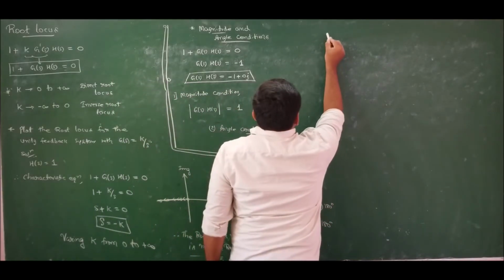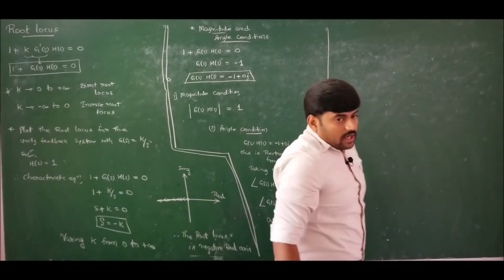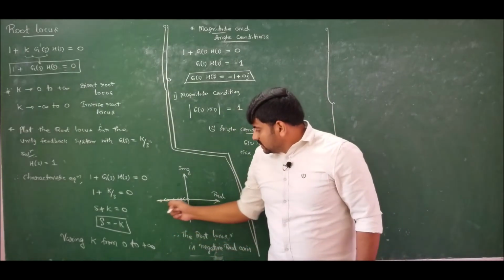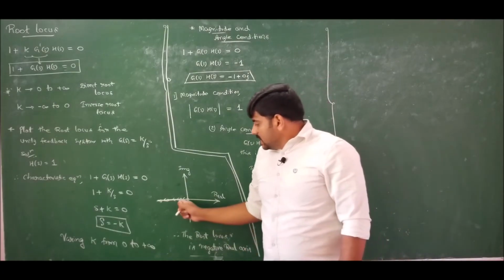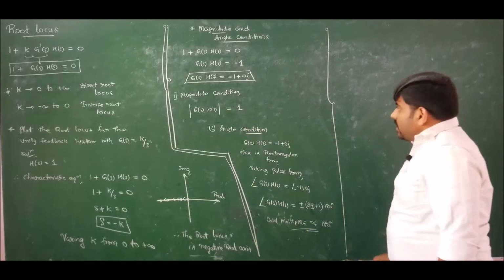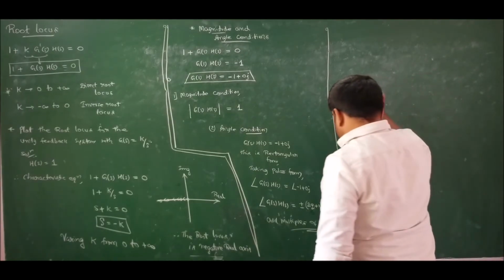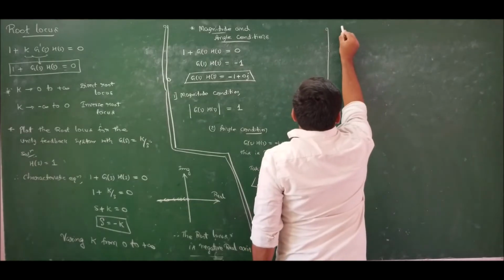So if these two conditions are satisfied, then obviously the given value of s will lie on the root locus. That is nothing but the pole will be on the root locus. Now in order to understand this magnitude and angle condition better, let me take an example.